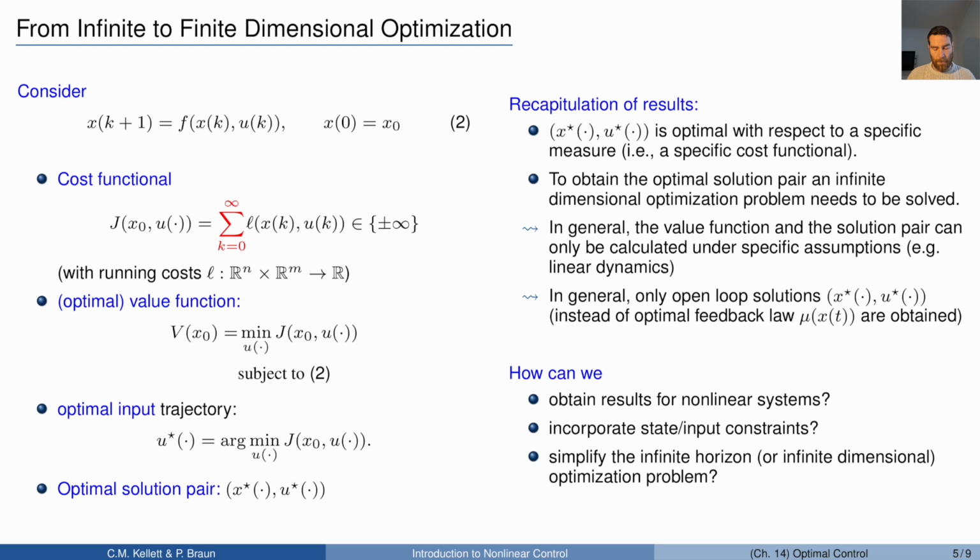So questions that remain after looking at these initial optimal control problems are how to obtain results that can be extended also for nonlinear systems, how to incorporate state and input constraints, and how to simplify the setting so that we go from an infinite dimensional optimization problem to a finite dimensional optimization problem to obtain tractable problems for more general settings.